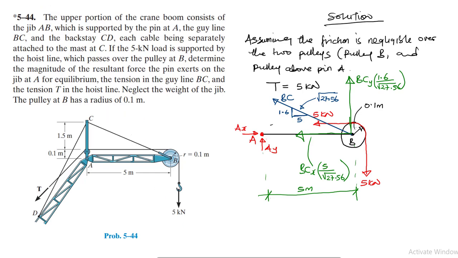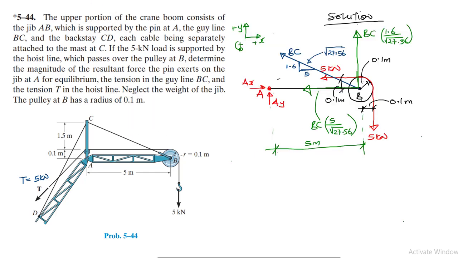So say our T, I explained why T is equal to this tension. This T here is equal to 5 kilonewtons. I explained that, right? There we go. Summation of moments about point A equal to 0, with clockwise being our reference.